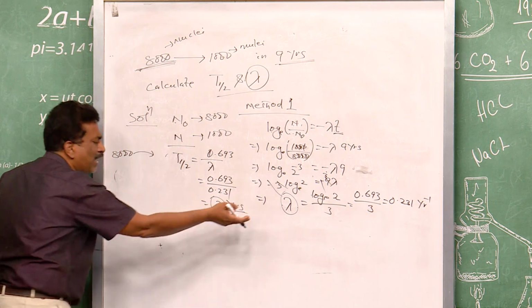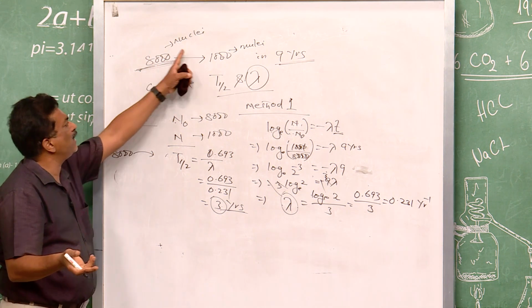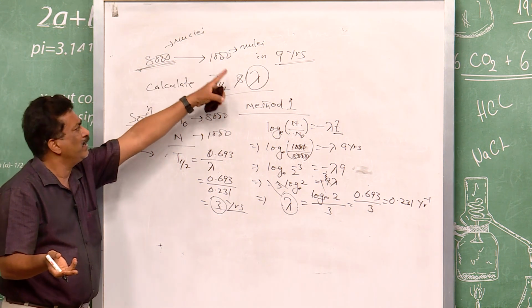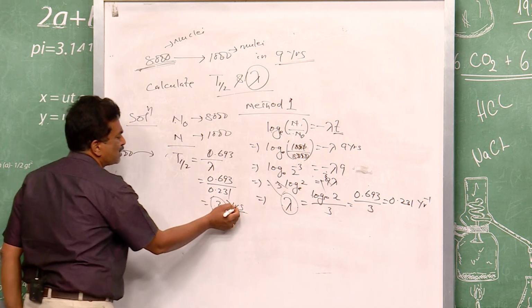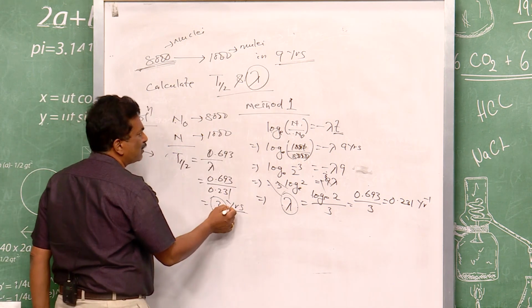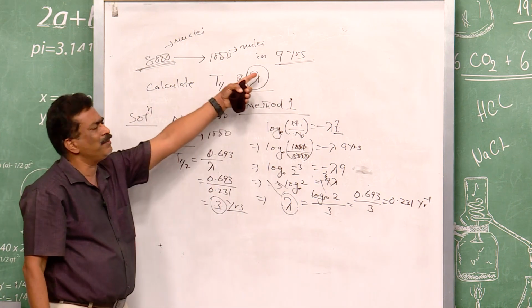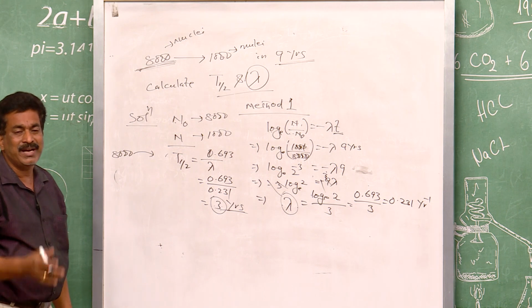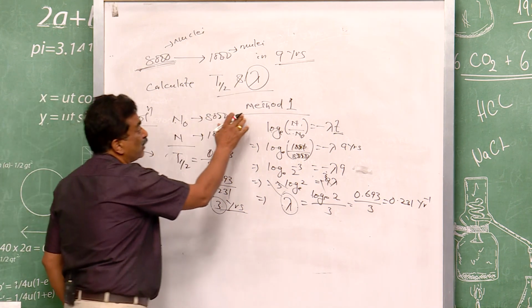Then from that to the next half, it will take another one. So from 8000 to 1000, for the first half life it takes 3 years, for the next half life 3 years, and for the next half life 3 years. It takes 3 half lives. So this is method 1.